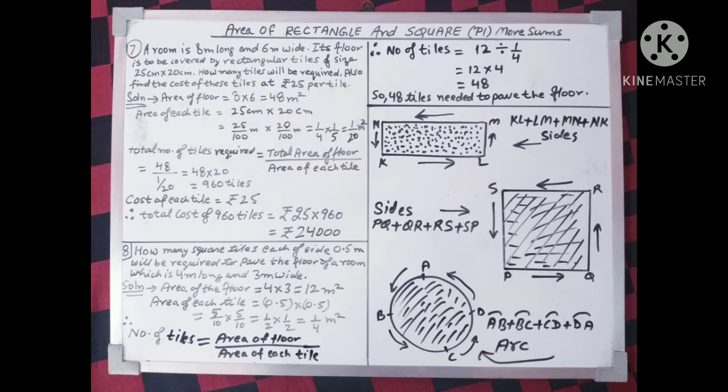Second figure is a square PQRS. The shaded region is the area of the square and the perimeter will be sum of all the sides, that is PQ plus QR plus RS plus SP.